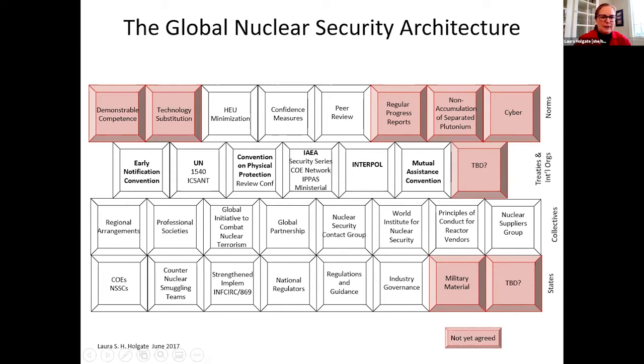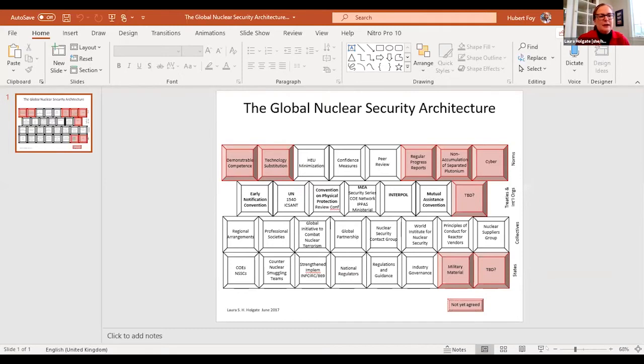And then, of course, we're all coming to grips with how the cyber issues affect the existing nuclear security understandings, whether you're talking about the potential to hack into the operating system of a nuclear facility, or the potential to empower an insider with an external enemy.